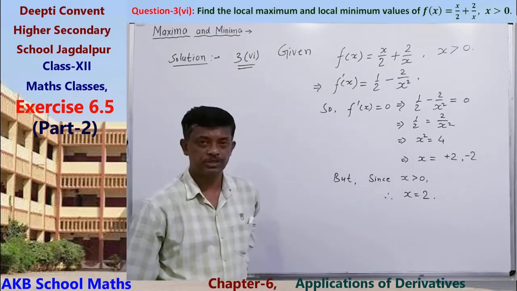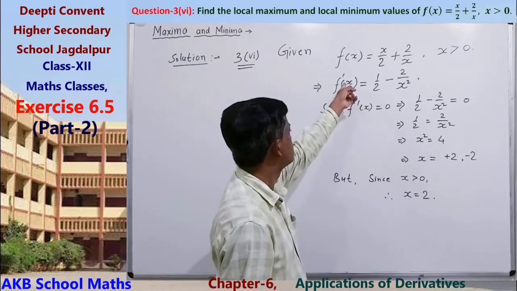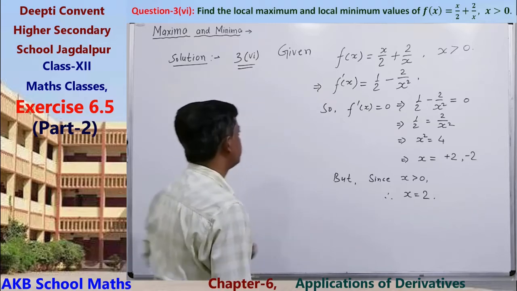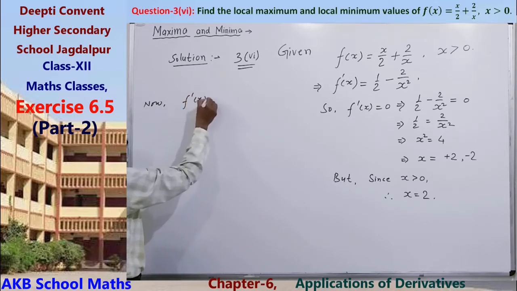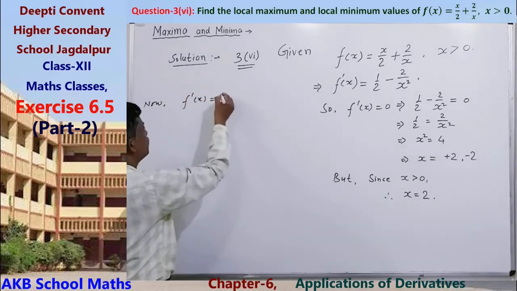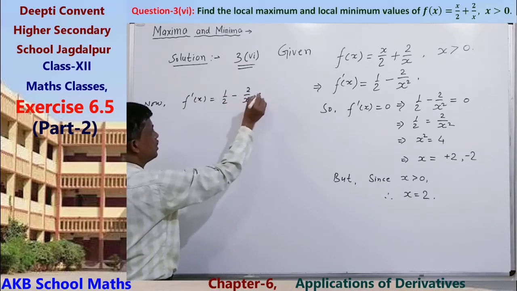Now we have to check the sign of the second derivative at this point. f dash x equals 1 by 2 minus 2 upon x square.